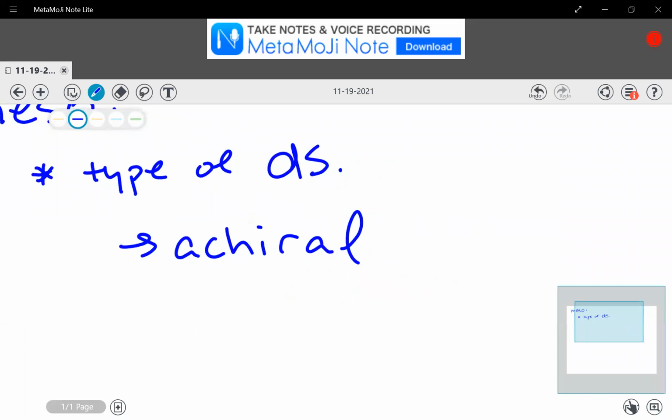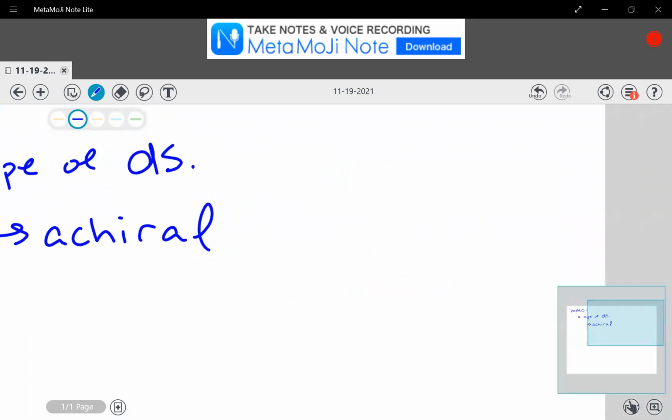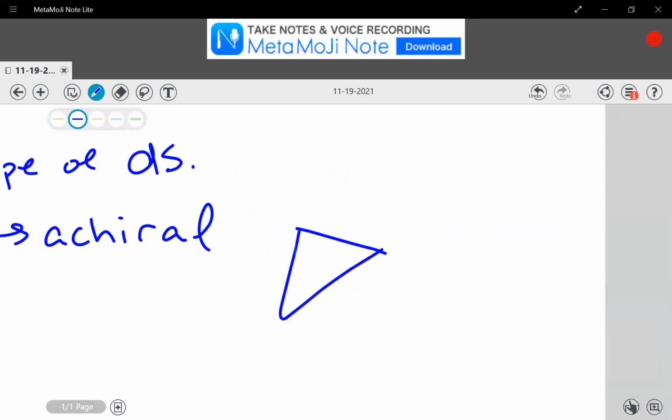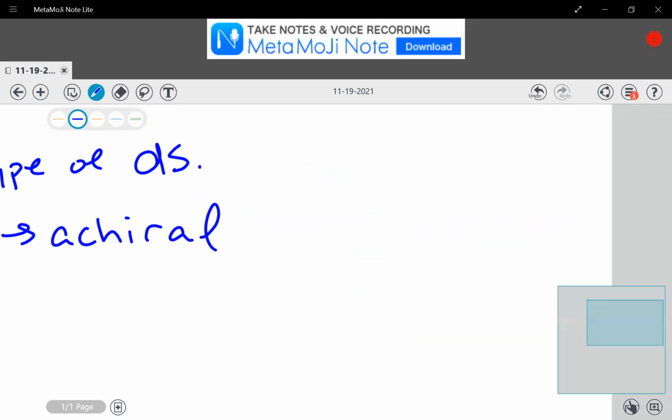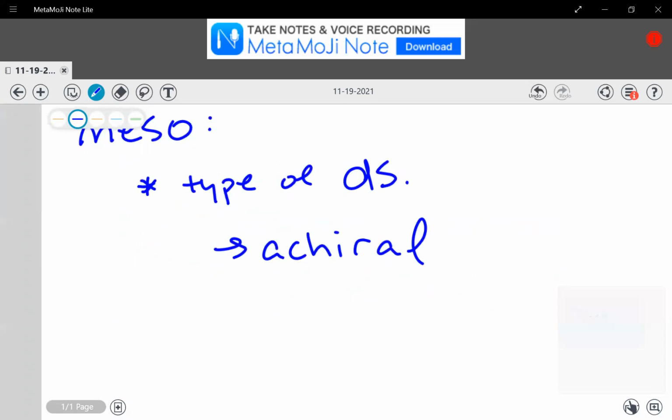This is usually due to an improper rotation axis, which is just fancy for weird axes. Maybe take a geometry class. All right, this is chemistry, not geometry. So they have a plane of symmetry and they are not chiral.